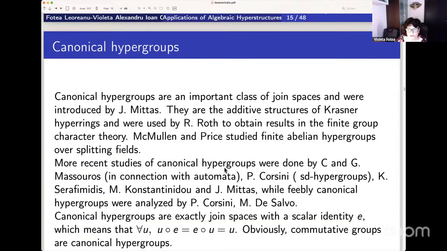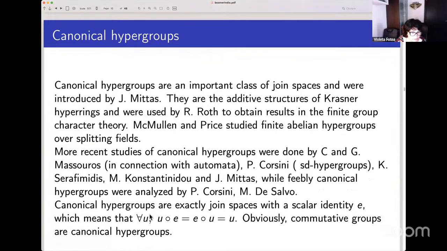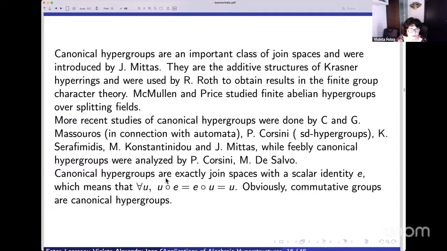More results about canonical hypergroups have been obtained by Christos and Gerasimos Massouros, in connection with automata theory, by Corsini in connection with SD hypergroups, Spartalis in Greece, Konstantinidou, Mittas again. Feebly canonical hypergroups were analyzed by Corsini and Mario De Salvo. Canonical hypergroups are exactly Jones spaces which have a scalar identity.